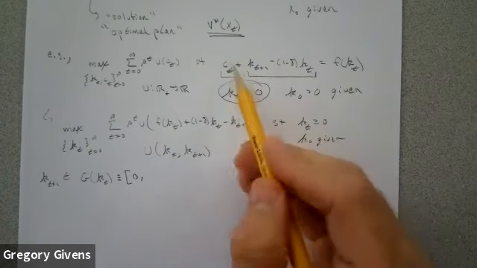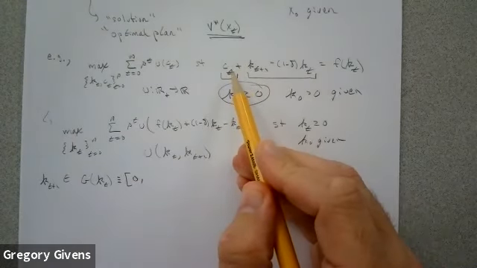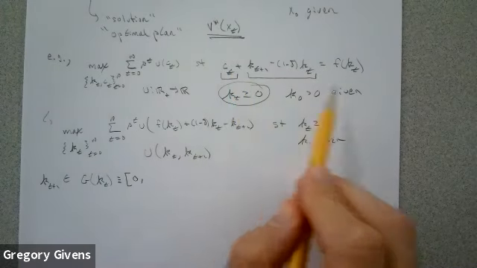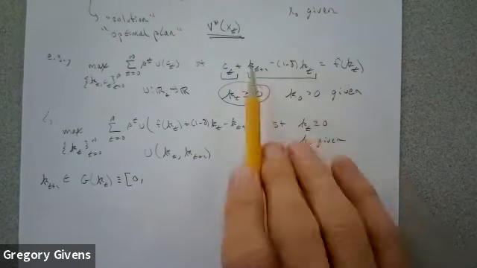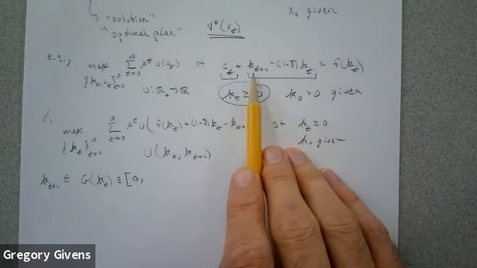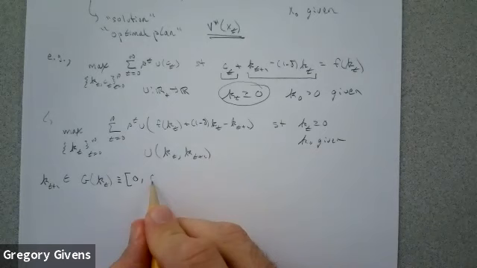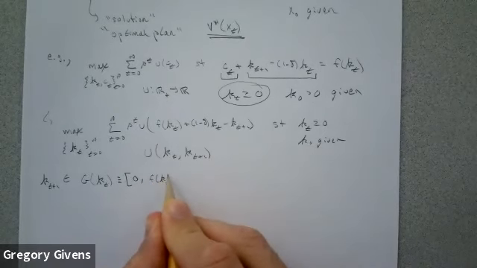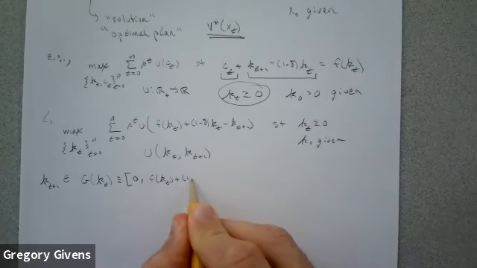Well, what if the planner chose 0 consumption? Go back to this state transition equation. If the planner selected 0 consumption, then what would K_t plus 1 be? f of K_t plus 1 minus delta K_t.